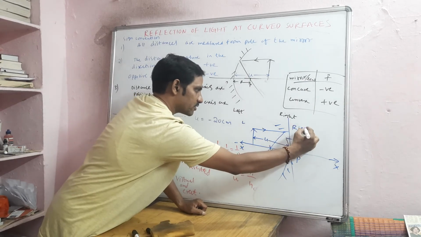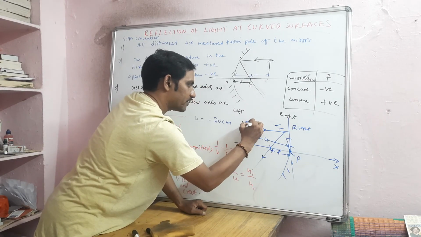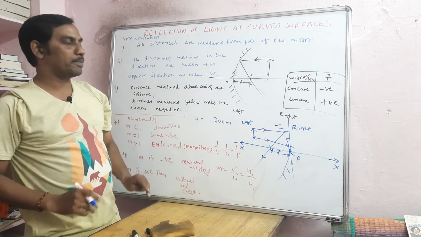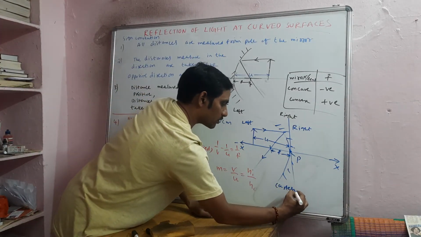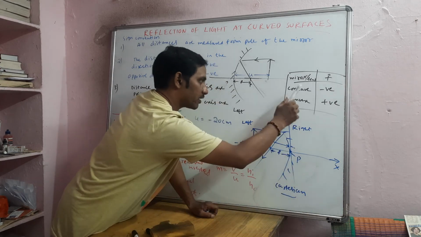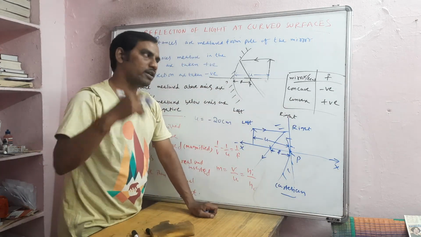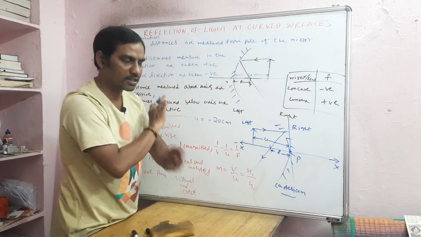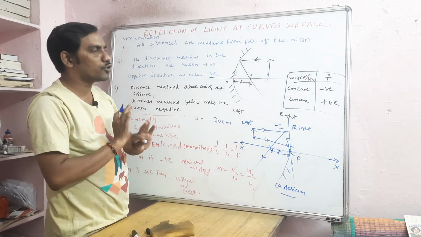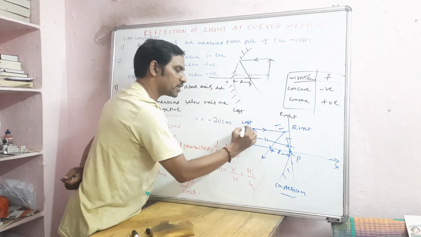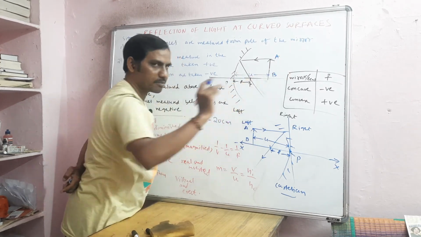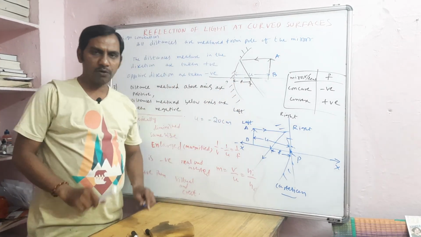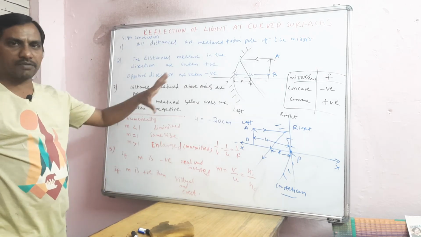So if you apply the Cartesian coordinate system, u will be negative, and focal length for concave will be negative and for convex positive. Everything applies as it is, no problem. That is why it doesn't make any difference whether you take the object on the left side or right side.